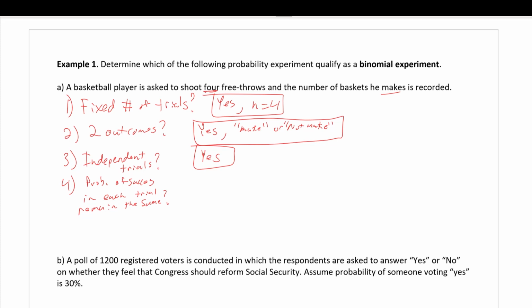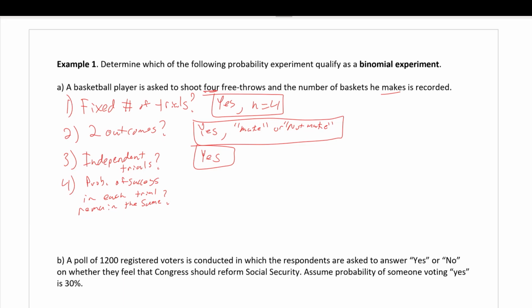For example, let's say this person makes 75% of all his free throws, right? The simple fact that we are dealing with the same person in each one of the trials would lead me to believe that, yeah, this person inherently has a certain percentage of shots that he makes, right? Therefore, the probability of success is the same in each shot.